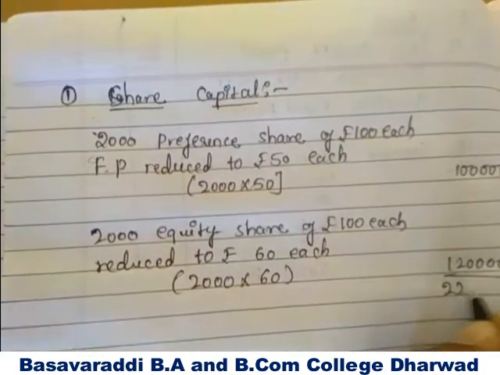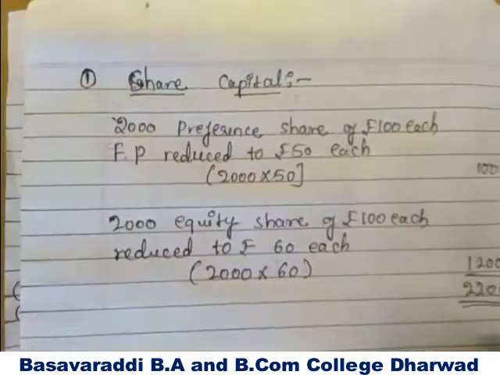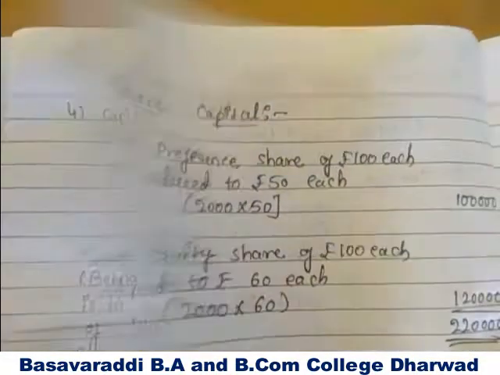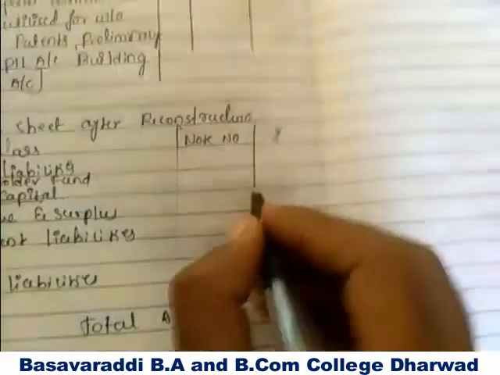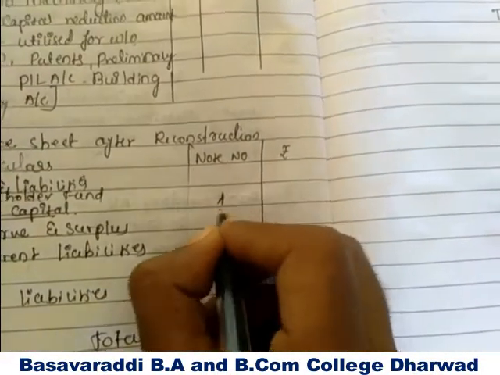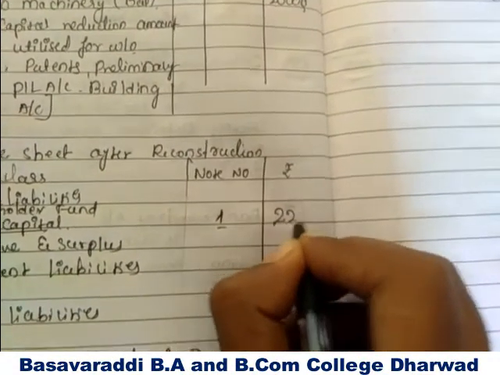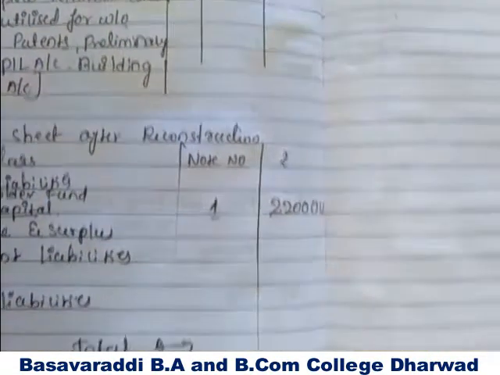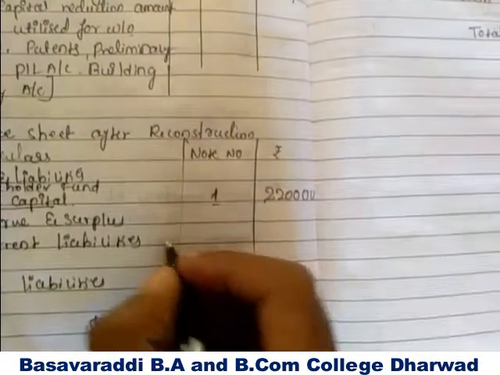That is 2,20,000 is the total share capital amount. In share capital, note number 1, that is 2,20,000. Next note, non-current liability.